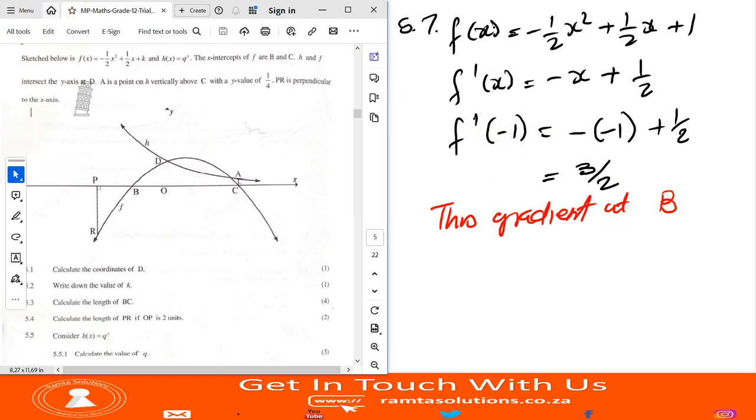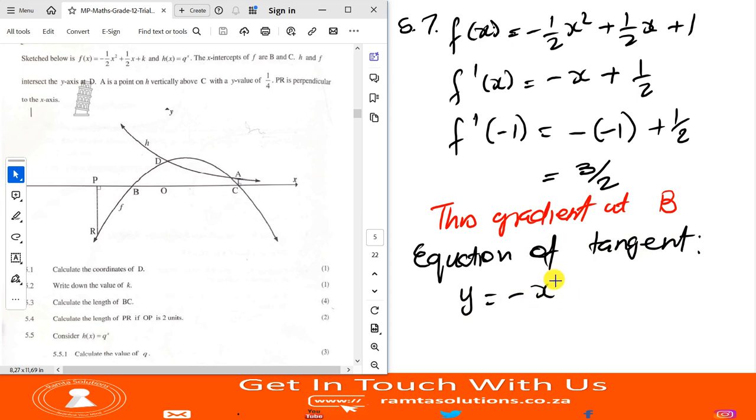So now that we have the gradient, we will say we know the equation of the tangent. So equation of tangent, we can now look for it. y equals mx plus c. So y equals 3 over 2x plus c, because this is gradient at a point.